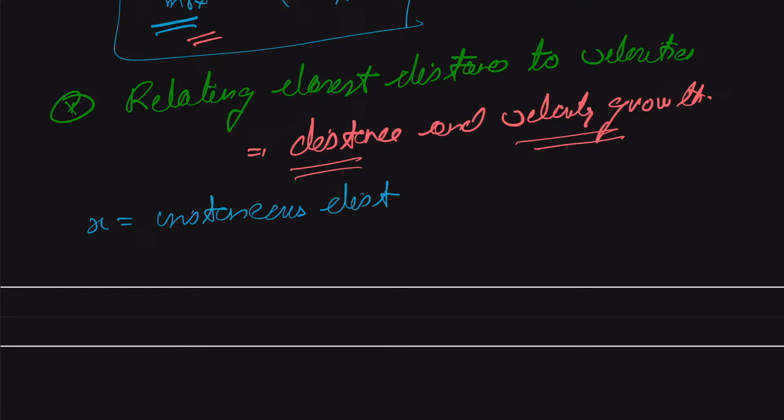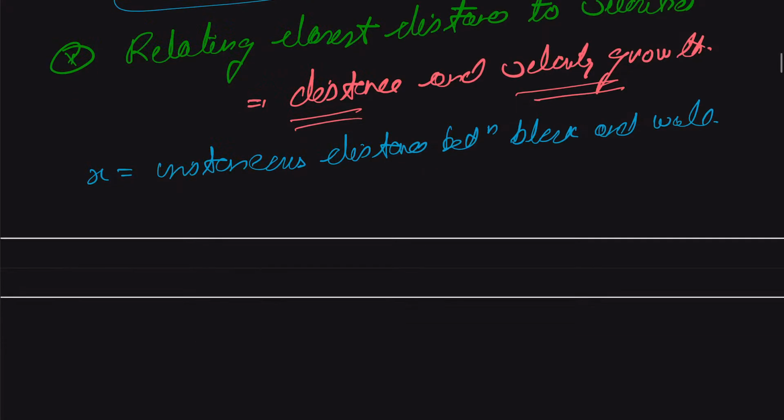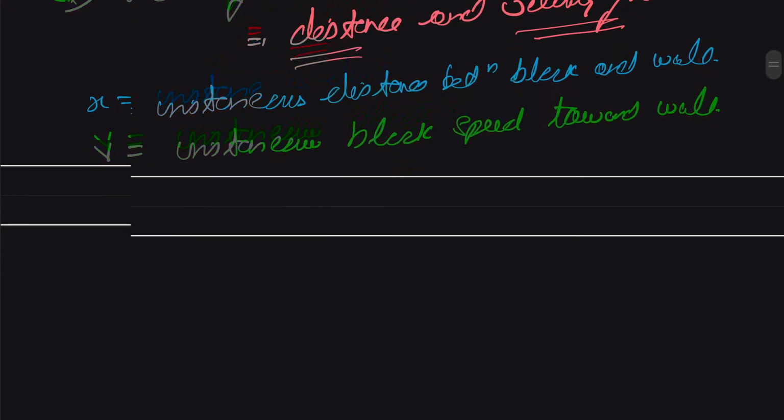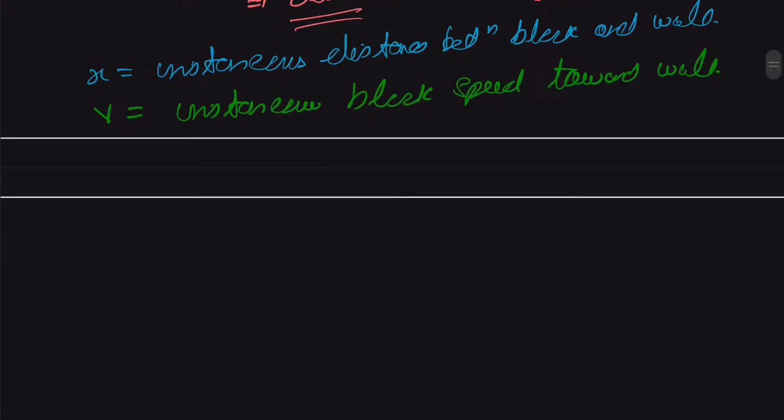And at this particular moment, we define V as the instantaneous block speed towards the wall, and at this same instant, let us call this small v, is the instantaneous ball speed.